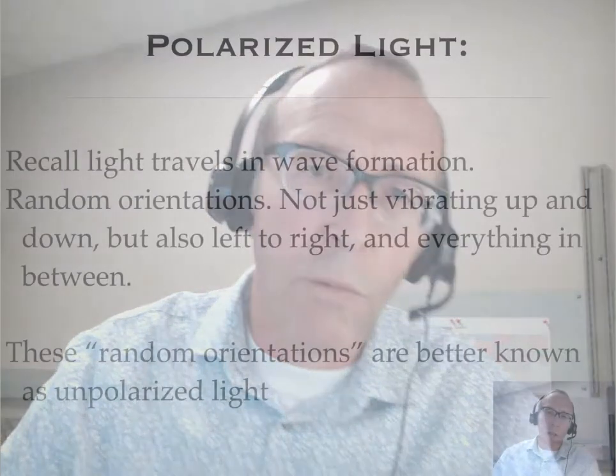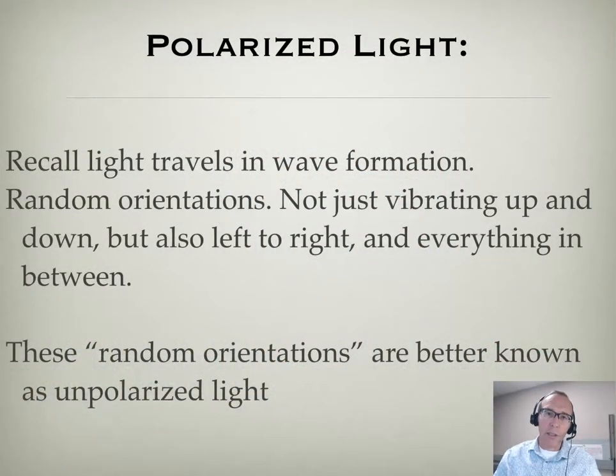It could be vibrating this way. So it's completely random what plane or what orientation it's vibrating in. All this light might be going in the same direction, but they're all vibrating in different orientations. Well, in that scenario, we would say that light is not polarized. It is unpolarized light, just random orientations.